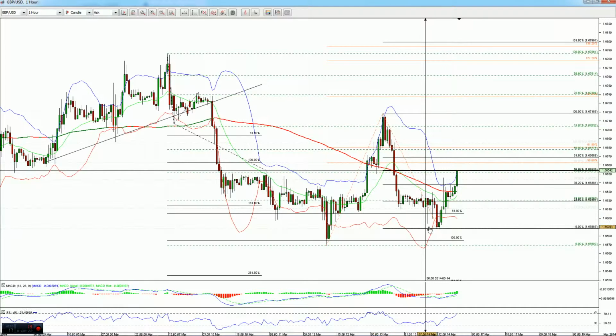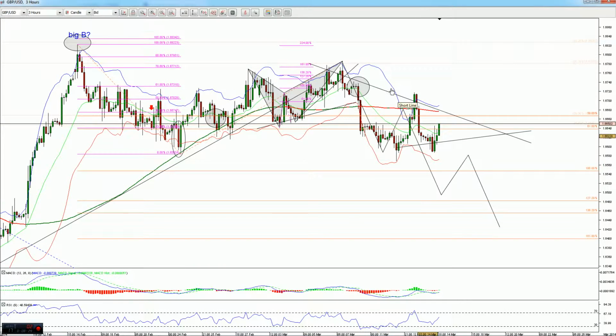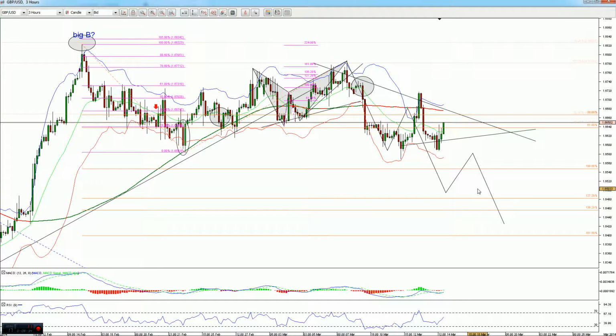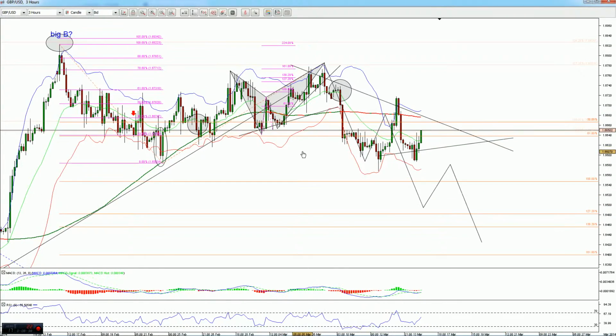So if this is a 1, this is a 2, but of the third, stronger wave, we could have 1, 2, 1, 2, 3, 4, 5 for the third, fourth, and fifth. So this is the scenario.